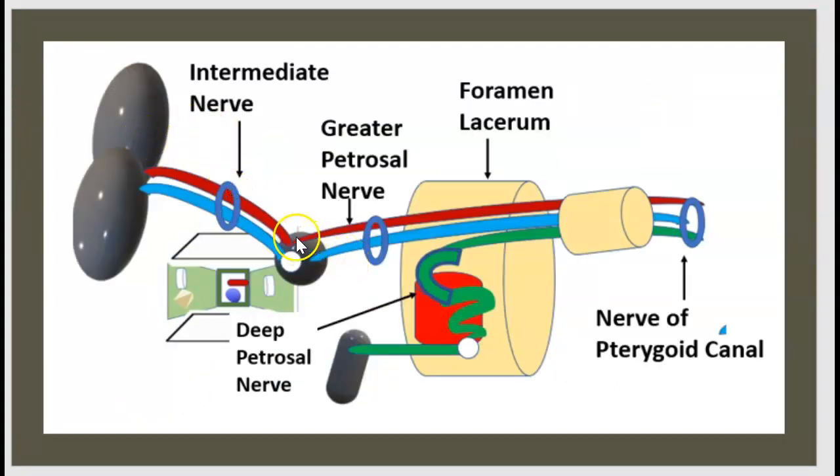Preganglionic fibers come to the geniculate ganglion. Some fibers go to the facial proper. Some of them ascend to the middle cranial fossa to reach the foramen lacerum.